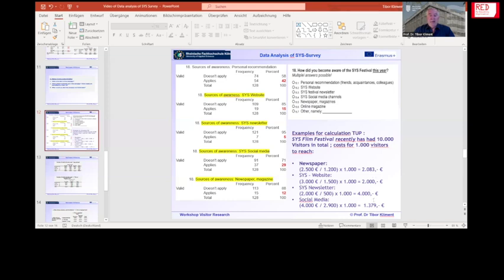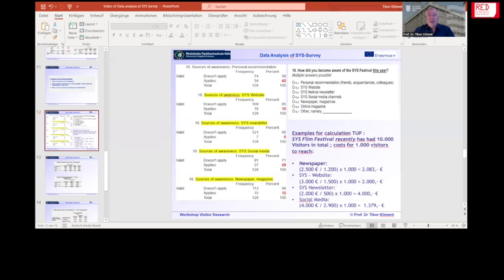And we can do this also with all other channels, for instance, with social media, also with the newspapers. If you do not like this 1,000er price, you can renounce multiplying by 1,000, and then you have the price that you have to pay to reach one user, one person, by the respective channel. For instance, you have to pay 4 euro per visitor for this newsletter. 4 euro.